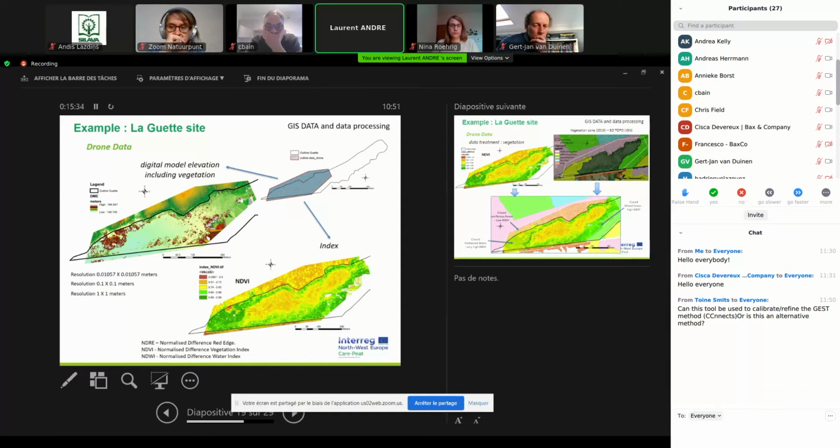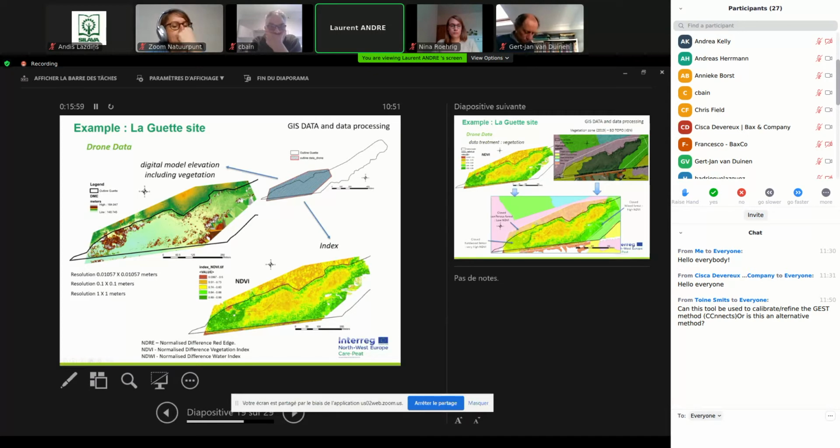And so the last information that we will include in this system is the information on the vegetation. And for that, we use the drone data. So this drone data have been acquired in the Carpet project. It is our colleagues and partners from Ireland who made this.